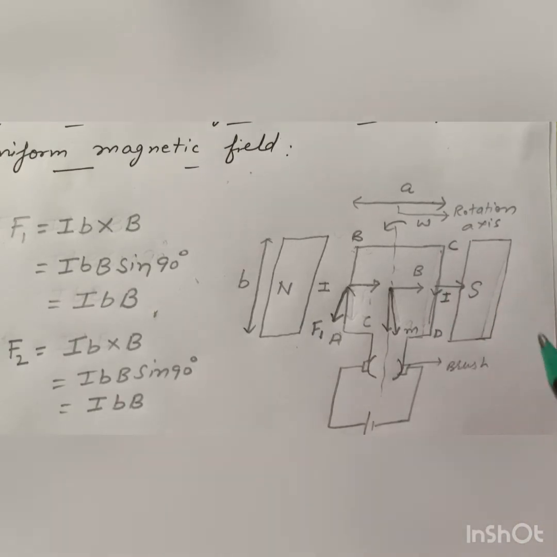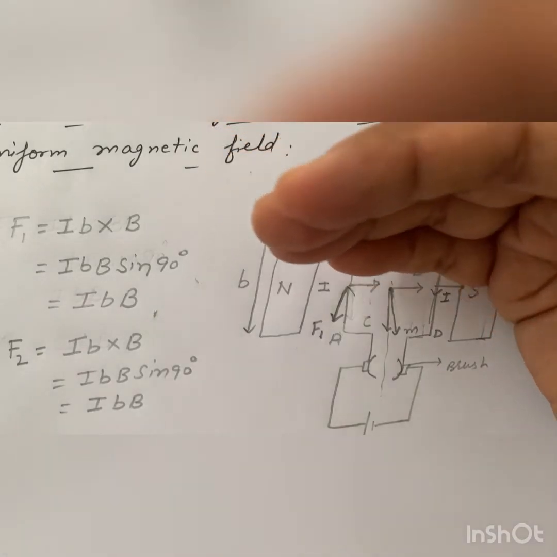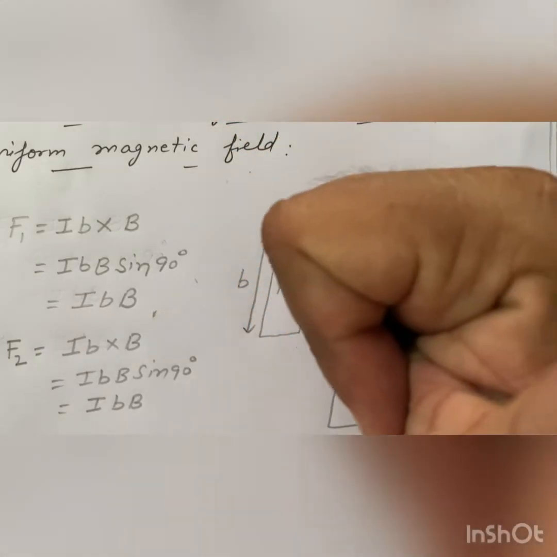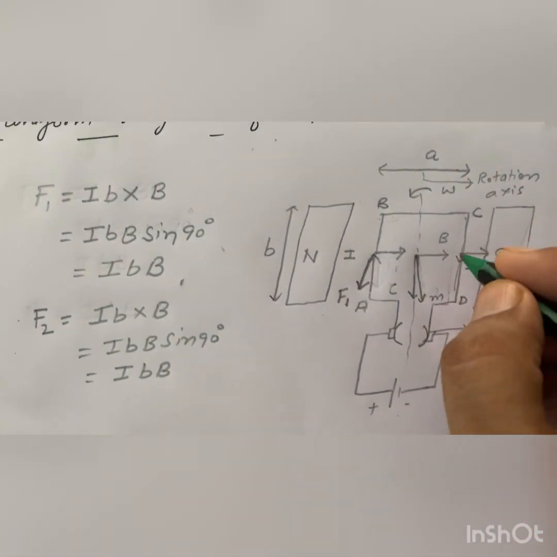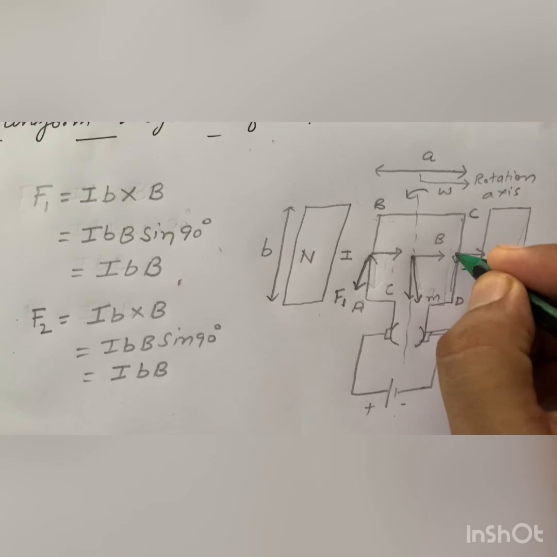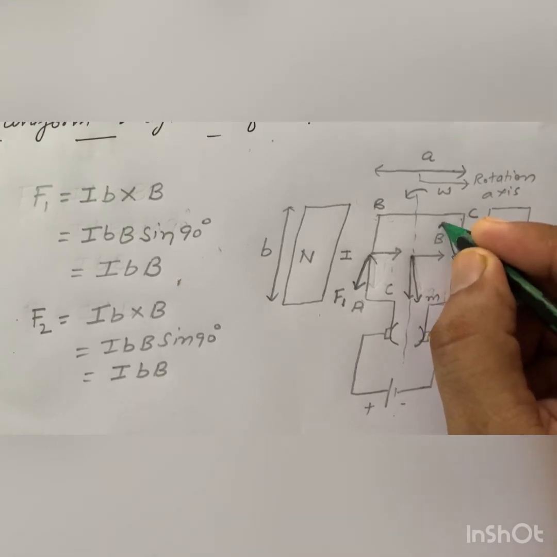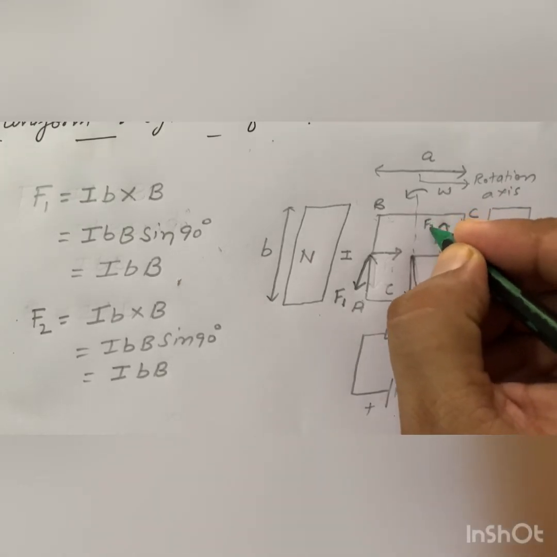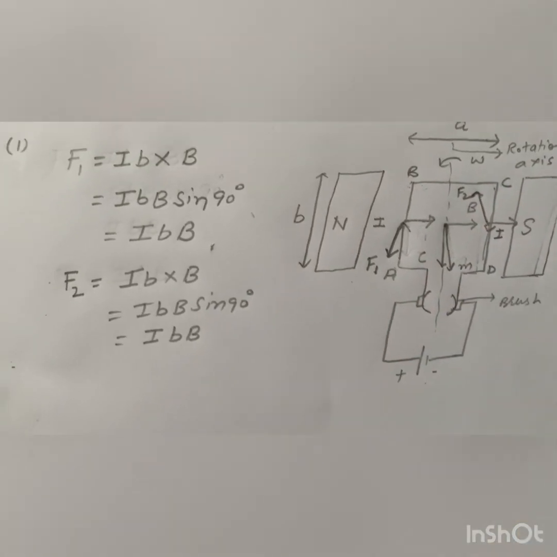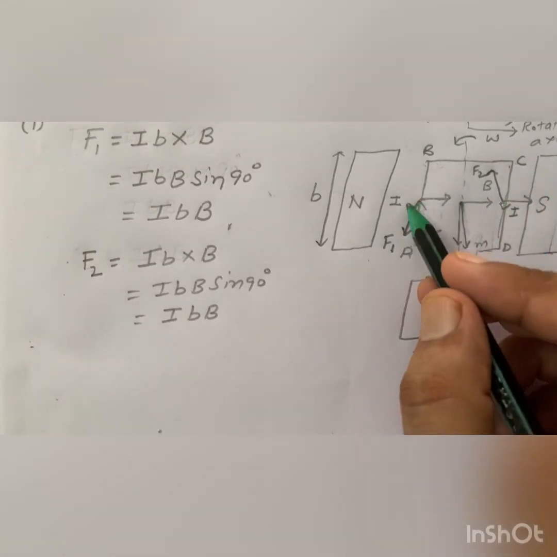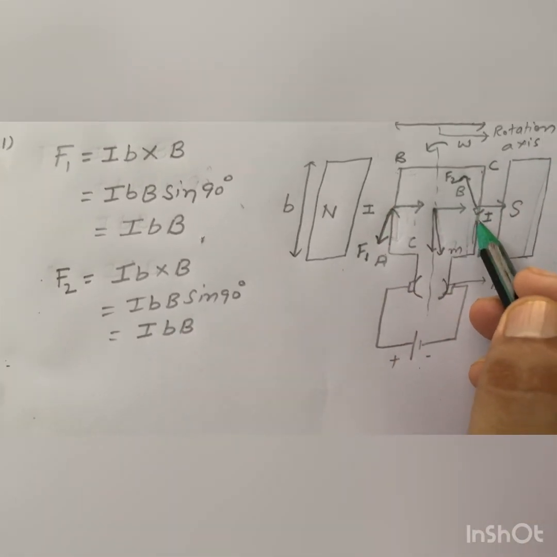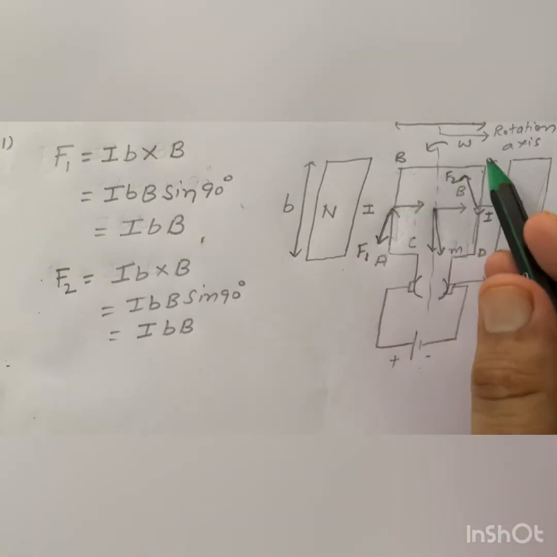So again we apply the right hand rule, going from b to B. We get the direction perpendicular to the plane of paper. So the direction of force is in the upward direction, that is F2. So we have two forces F1 and F2 acting on the two sides, conductors AB and CD.